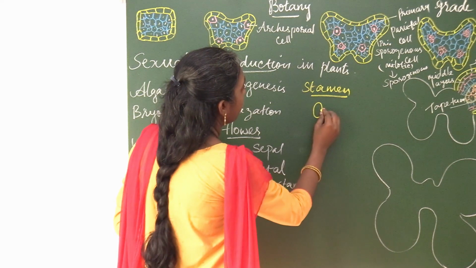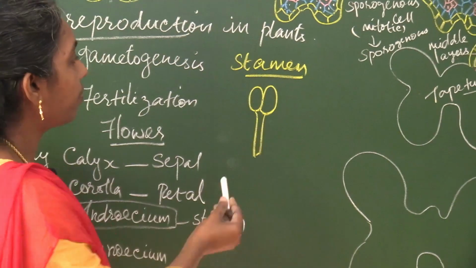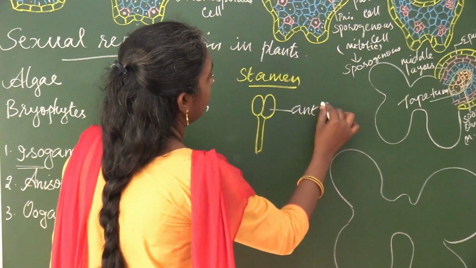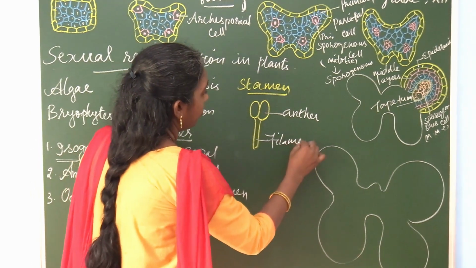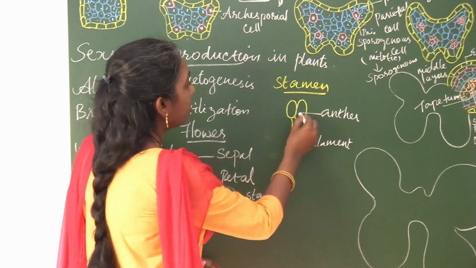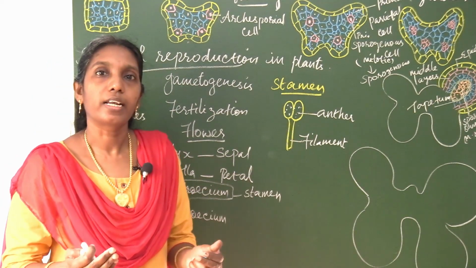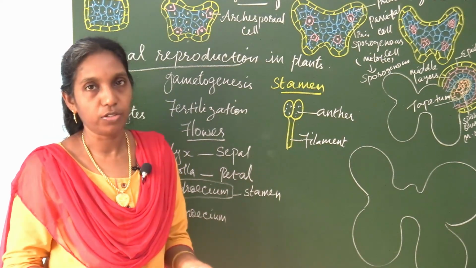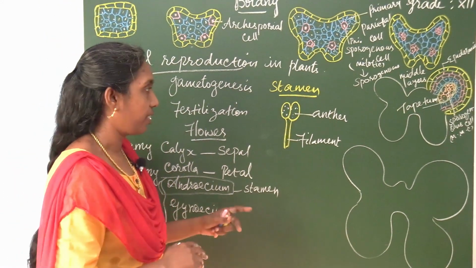The stamen is made up of anther and filament. Inner to the anther, the pollen grains are present. The pollen grains represent the male gametophyte.